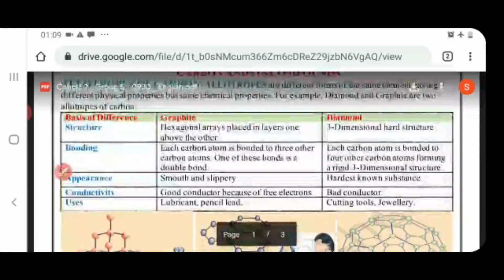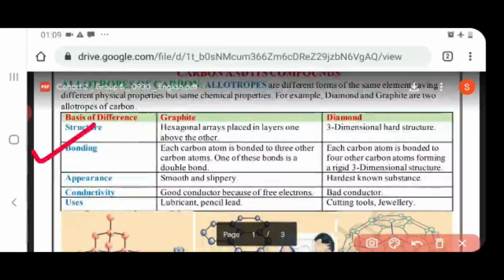Now come to the second basis of difference, that is bonding. What kind of bonding exists in graphite and what kind of bonding exists in diamond? For graphite, each carbon atom is bonded to 3 other carbon atoms. One of these bonds is a double bond. That means one carbon atom is here. Now this carbon atom will be linked to 3 other carbon atoms. So when we are linking it to 3 other carbon atoms, we are writing C here.